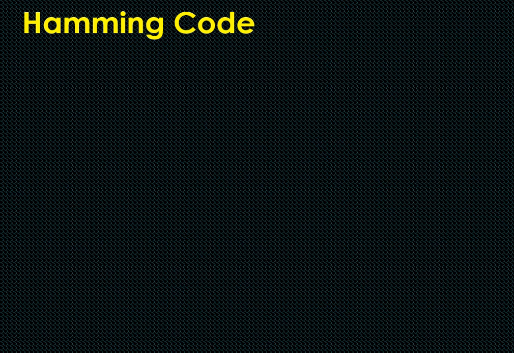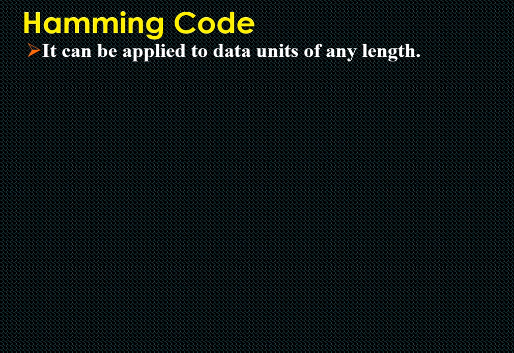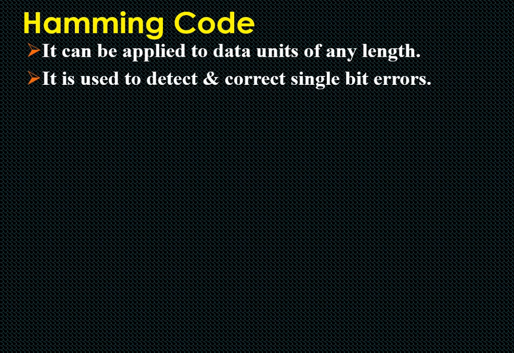Whatever message the sender sends, if the receiver does not receive the exact message, there is some error. That error can be found by using the Hamming code and we can correct it also. Hamming code can be applied to a data unit of any length and it is used to detect and correct single bit errors.